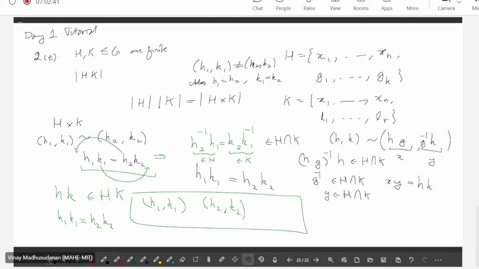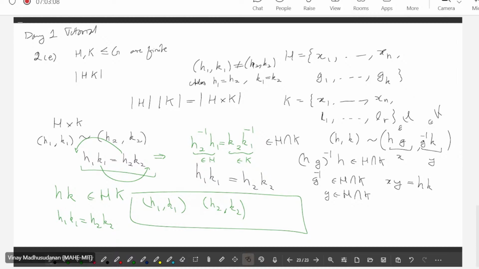So why is it true that G should be in H intersection K? I mean, even if I write an arbitrary G, this is true, right? Why do I need G in H intersection K? This should be in H and this should be in K. So equally, either you can do this or directly from this.